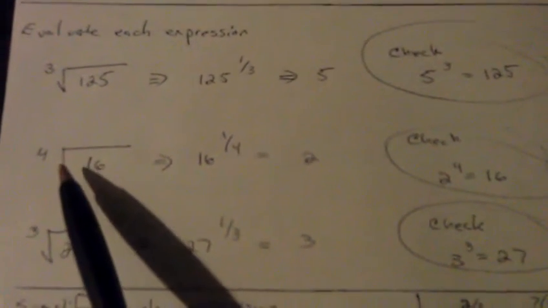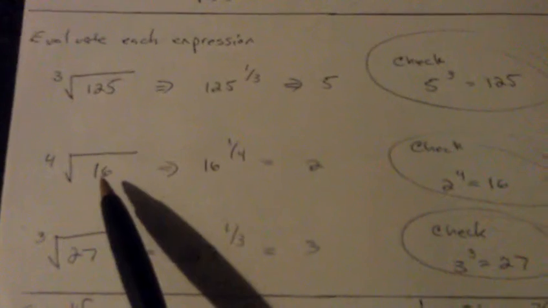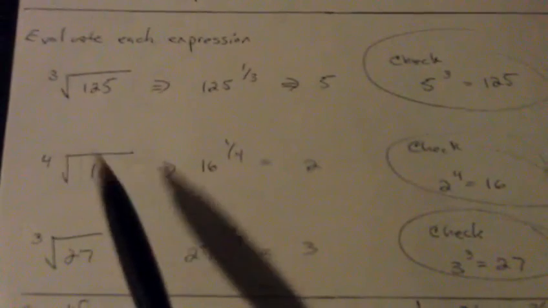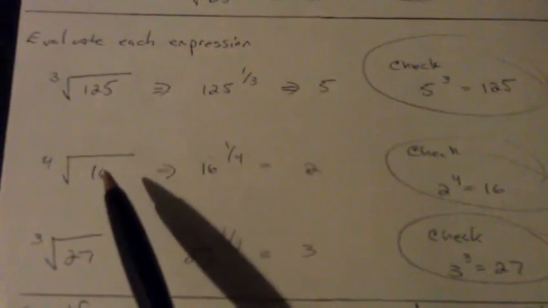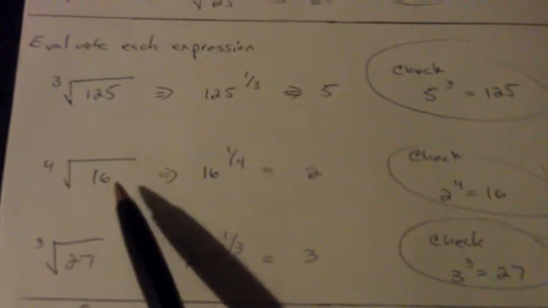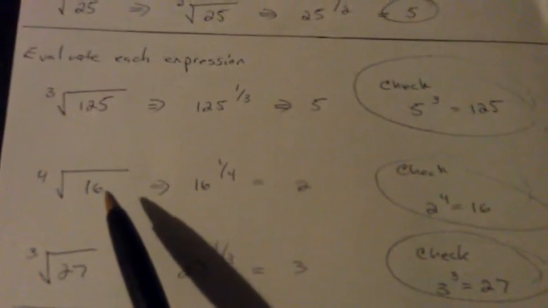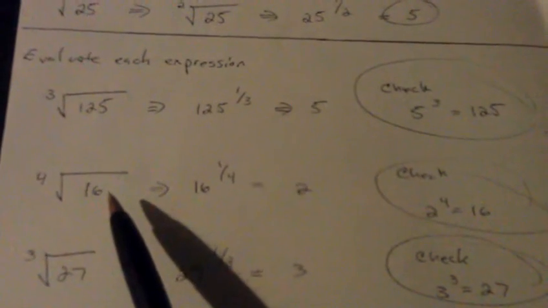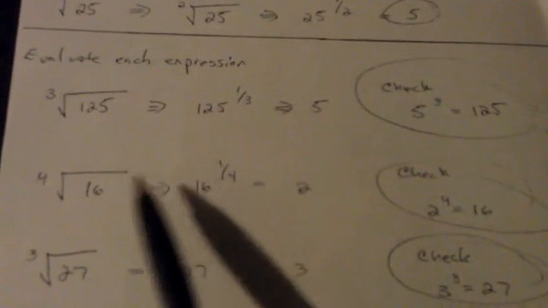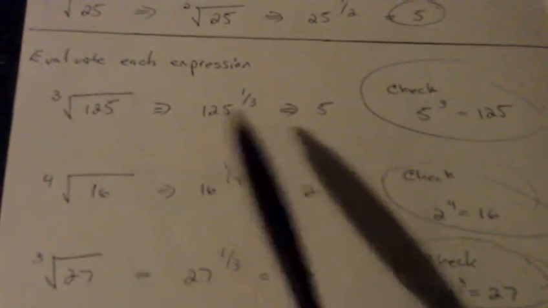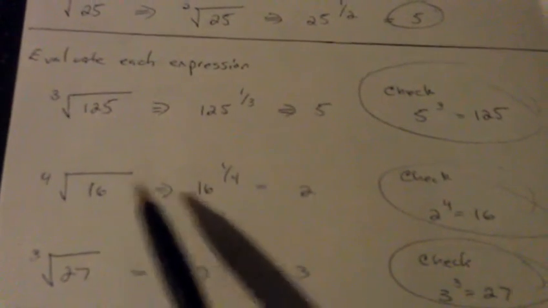Right here we have a 4. So we're not trying to find the square root of 16, and we're not trying to find the cubic root of 16 as in our previous example. We're trying to find the 4th root of 16. So what number can I multiply 4 times to get 16? Before we get to that step, instead of putting a 1/3, we're going to put a 1/4.